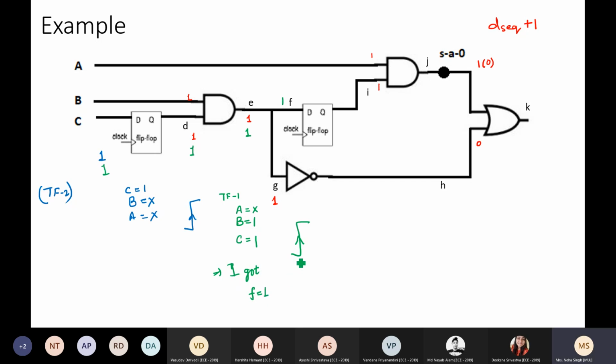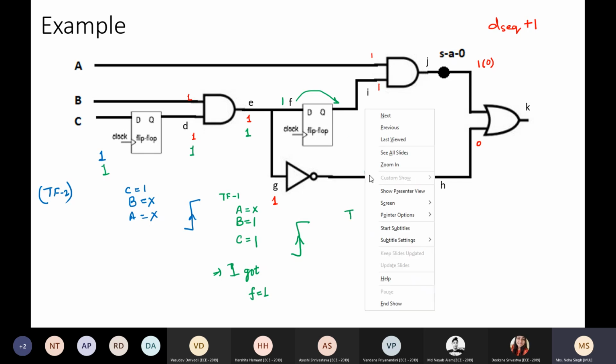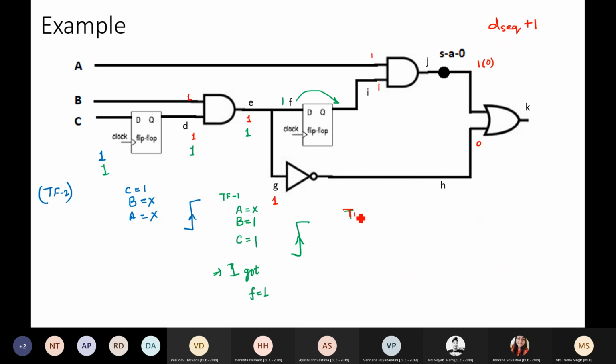This F equal to 1 gets propagated at the clock edge and this value of F goes to I. Right? So up time frame 0 means in red. Time frame 0 par I got I equal to 1.